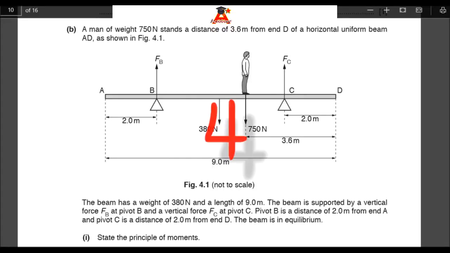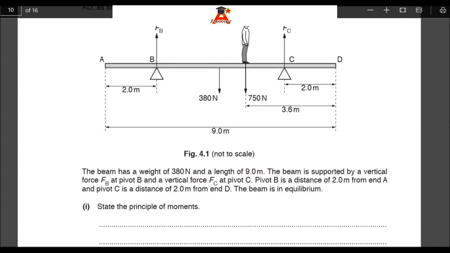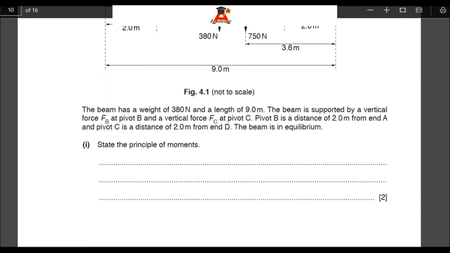This part of the question, item 1, says state the principle of moments. The principle of moments says that for a body in rotational equilibrium, the clockwise moments are equal to the anti-clockwise moments at any point.